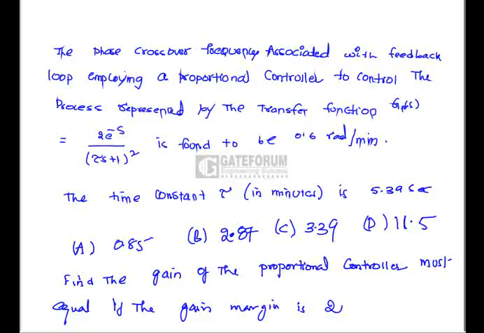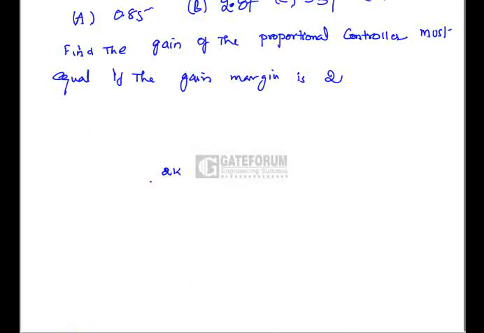We know that 2k, that is the magnitude of GPS, where k is the gain of the proportional controller, over (5.39 omega p plus 1) whole square, equals 0.5, because the gain margin is given as 2.